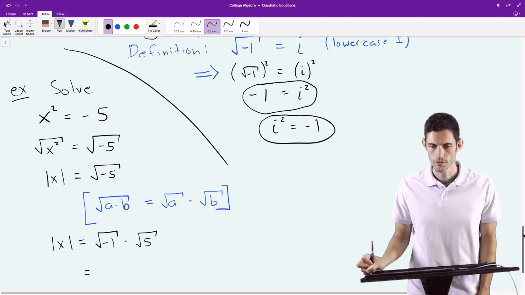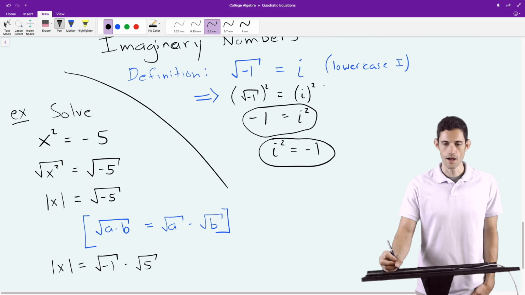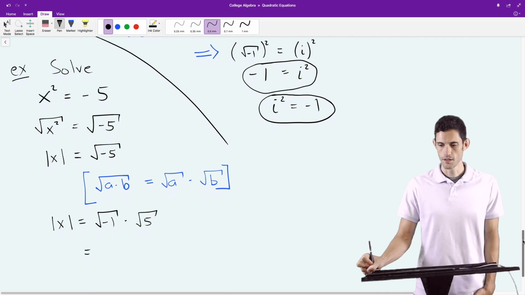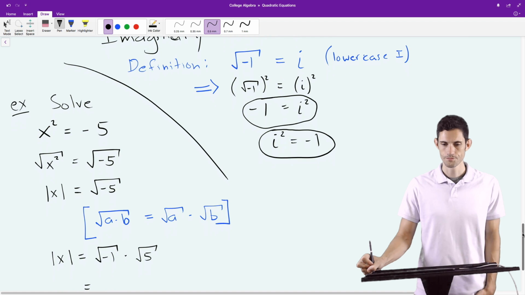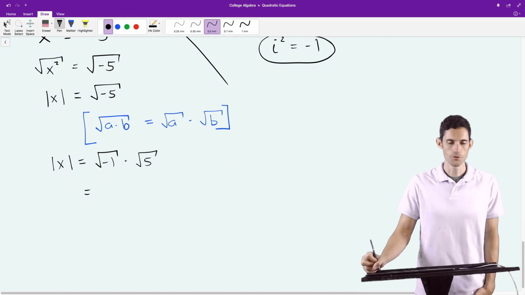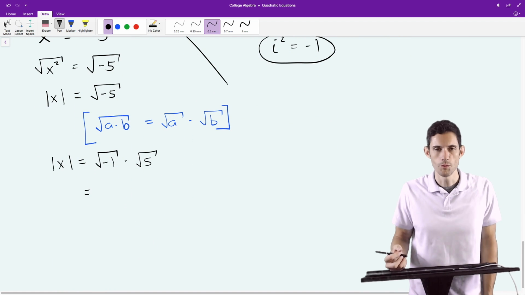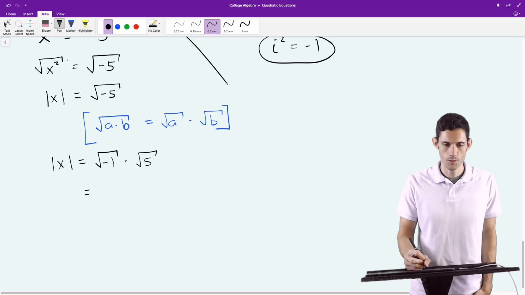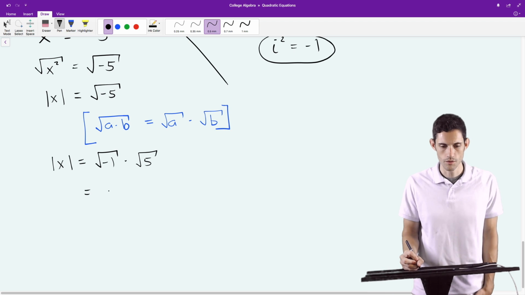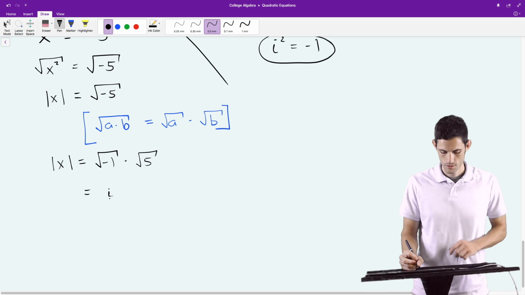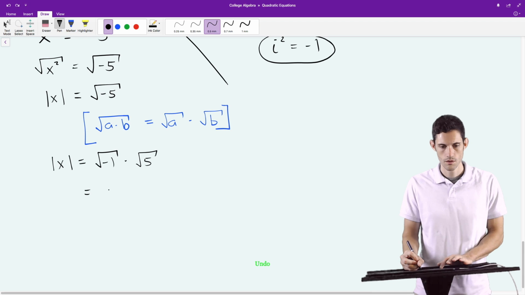The square root of negative 1 is i. It's the imaginary unit. And it's really just a symbol, and all the symbol means is the square root of negative 1. So I'm really just writing the symbol for this quantity. And then times the square root of 5.